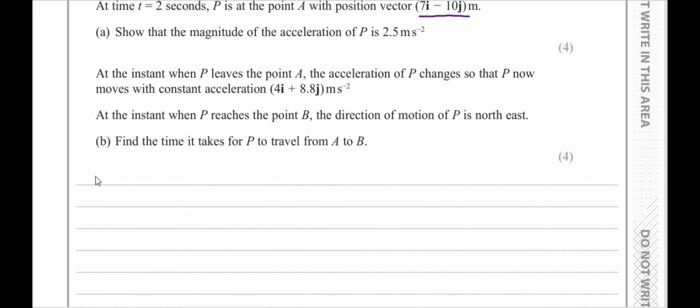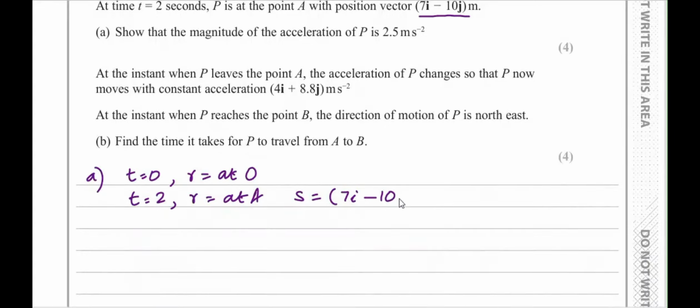So first let's write all the bits of information given in the question. At t equals 0, r is at O, and at t equals 2 seconds, the position is r at point A, where s is equal to 7i minus 10j meters from the origin. And when t equals 0, r is at O, and velocity is given to be 2i minus 3j meters per second.